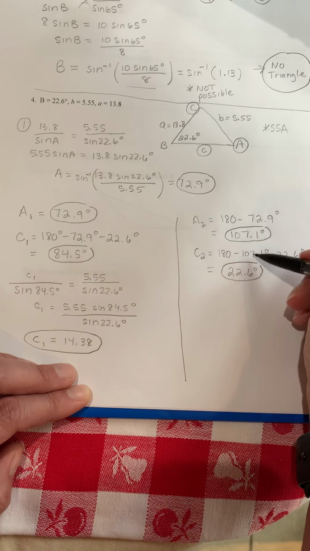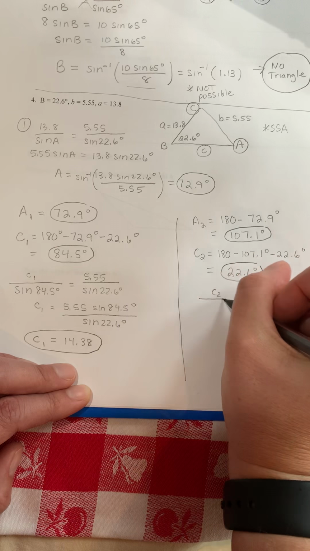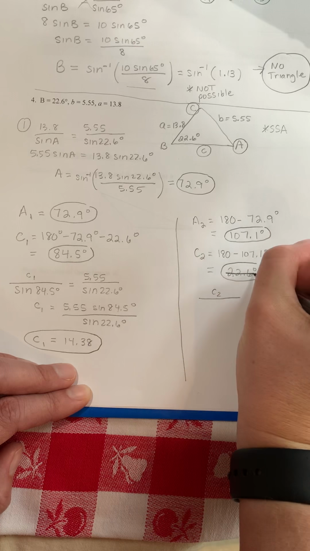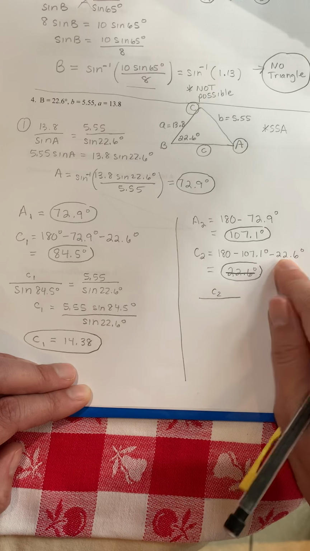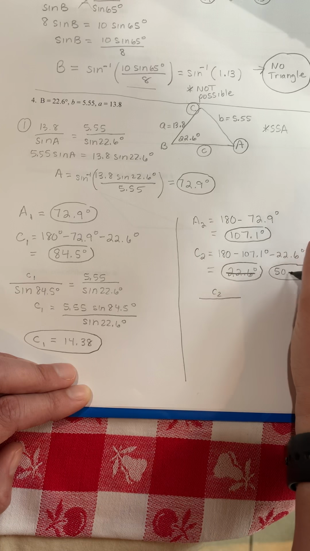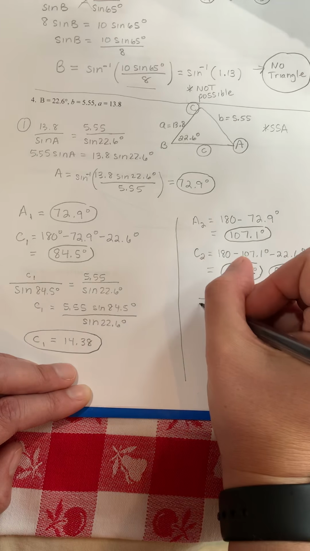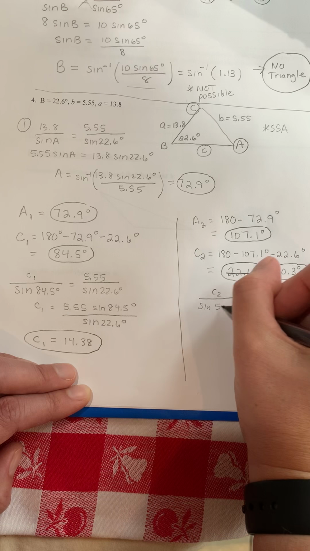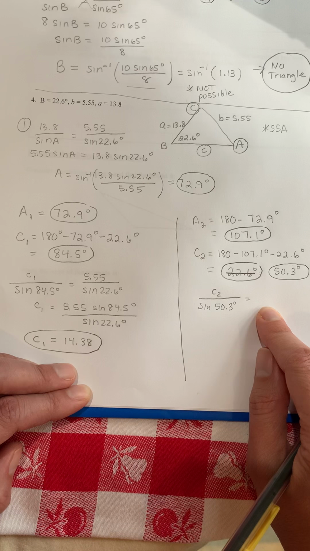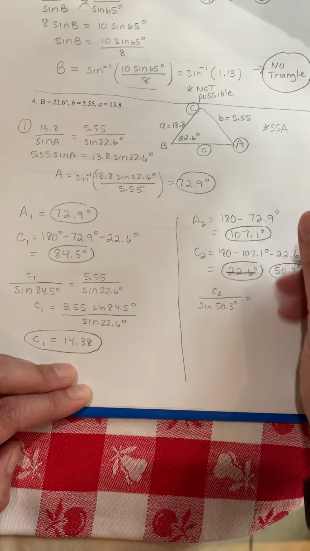All right, so we need to finish solving, so we're going to be finding side C2. Excuse me, this computation was wrong, I accidentally copied that. So this is actually 50.3 degrees. So we're going to use the sine of 50.3 degrees. Once again, we want to use our angle B information because that's been the consistent part of this problem.